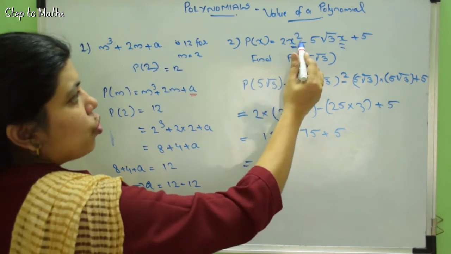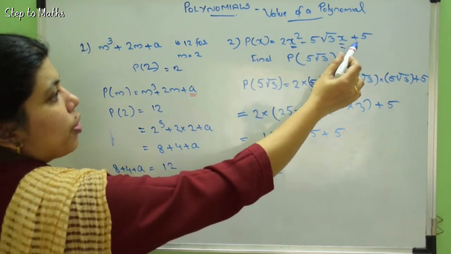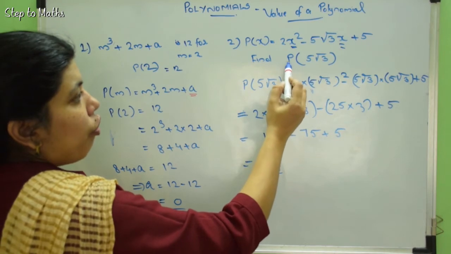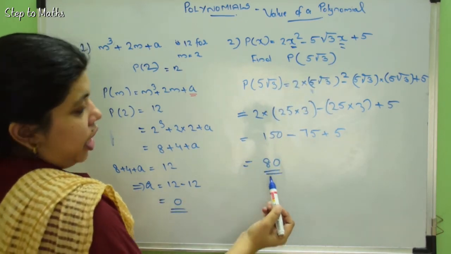If p of x is 2x square minus 5 root 3 x plus 5, then the value of p of 5 root 3 is 80.